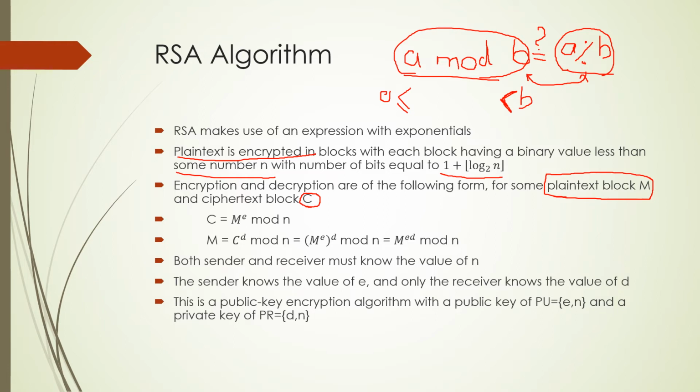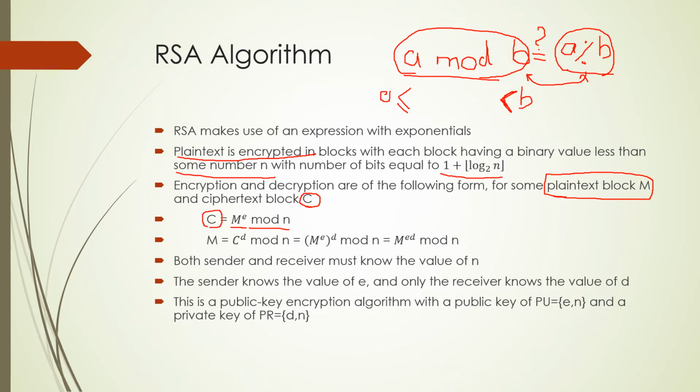The way to do it is to raise m to the power of e, where e is part of the public key of the receiver, and then find the remainder of m to the power of e when it's divided by n. That would be m to the power of e mod n. That's going to be your ciphertext block.